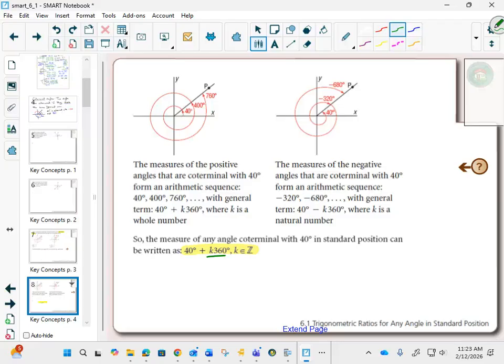You could add 360 again and get 1120. What this is saying is start with 40 degrees and add 360 degrees k times. And then you define k to be an integer.